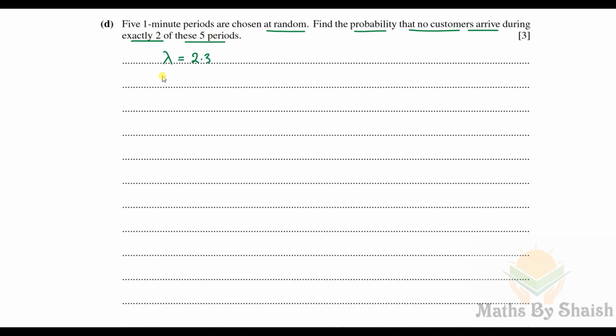But before that, in binomial we require p and q, and here p means the probability that no customer arrives, and the probability of no customer arriving from the Poisson we can find, and that is going to be finding P(X = 0) when this X was Poisson 2.3.